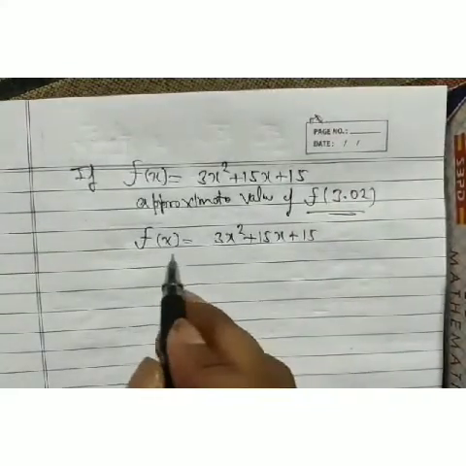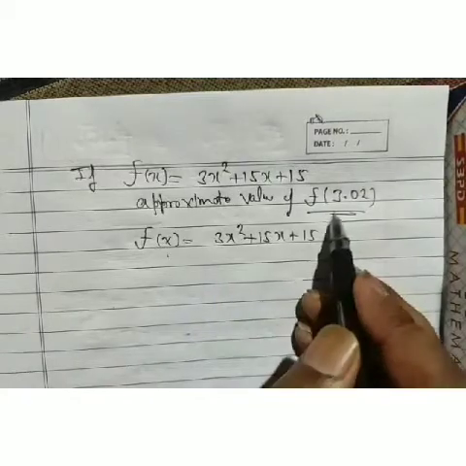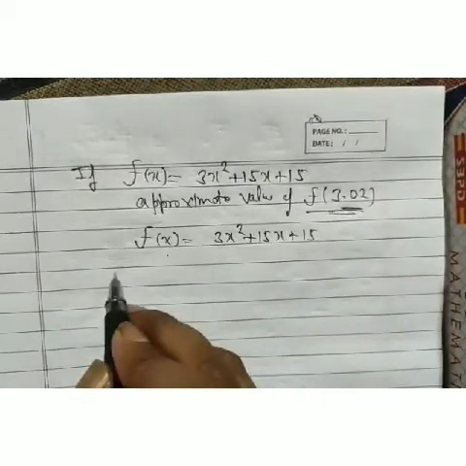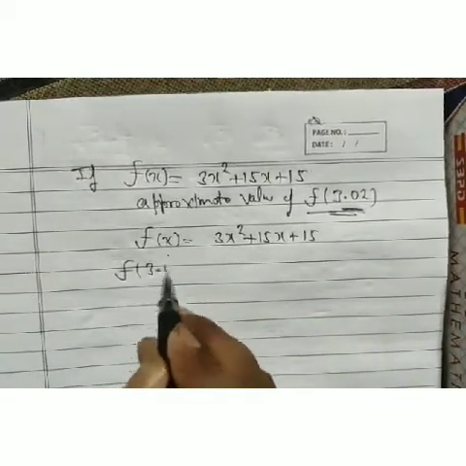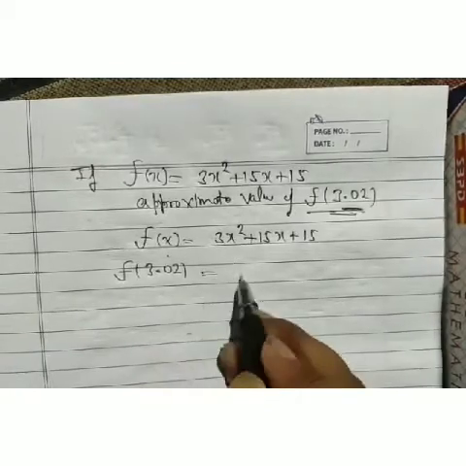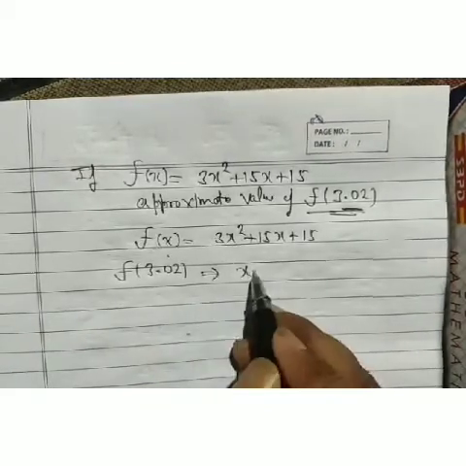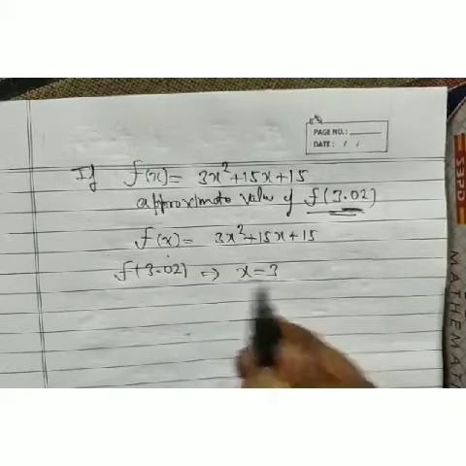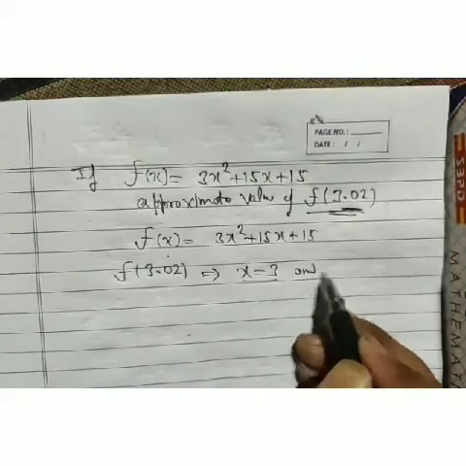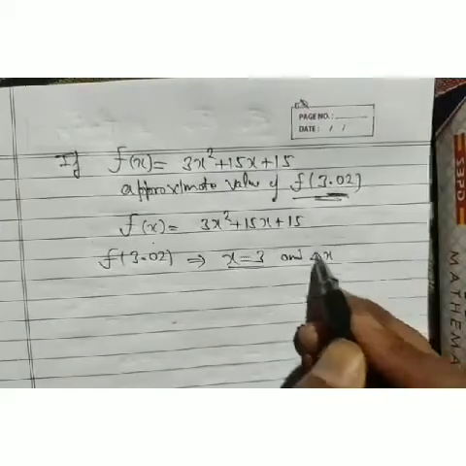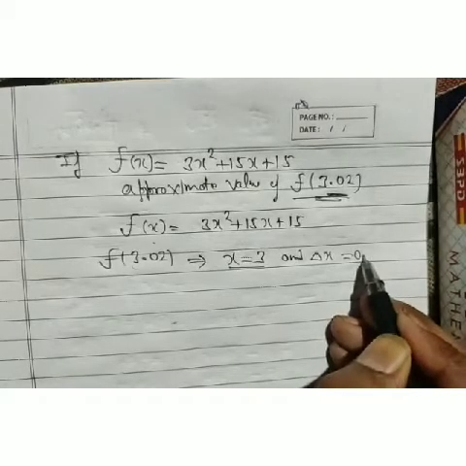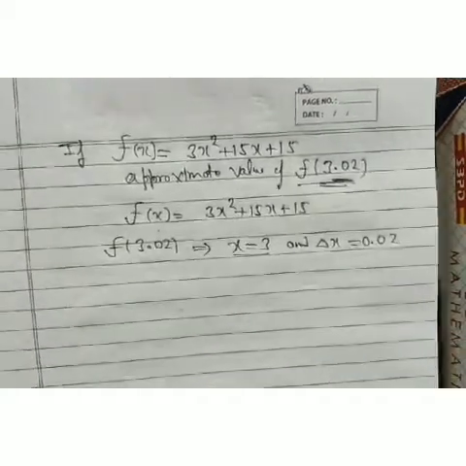Now we need our x plus delta x. Here we have to find the value of f of 3.02. We have to identify from here the value of x. It's our 3. And what about the differential of x? Del x is 0.02.